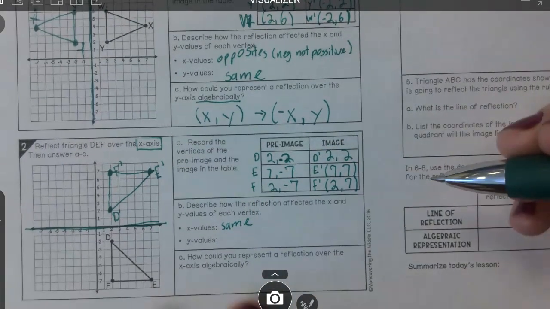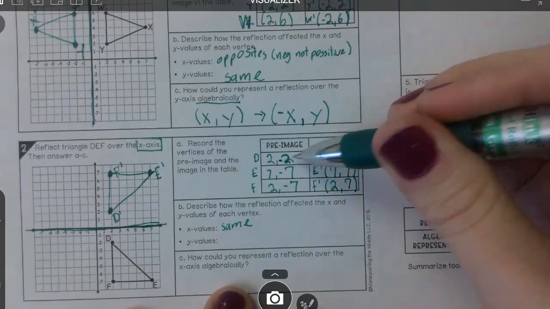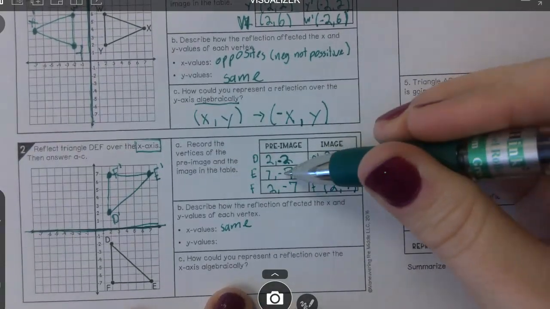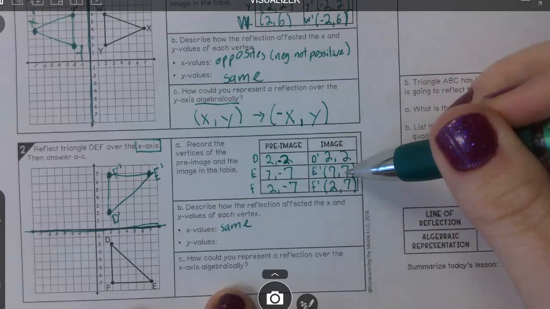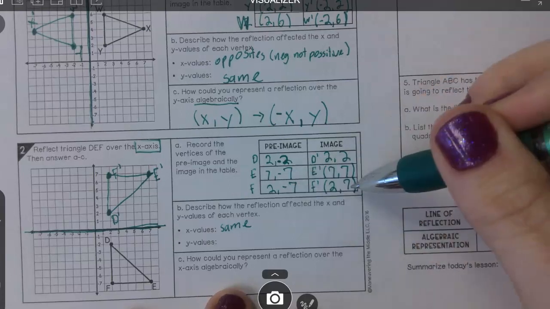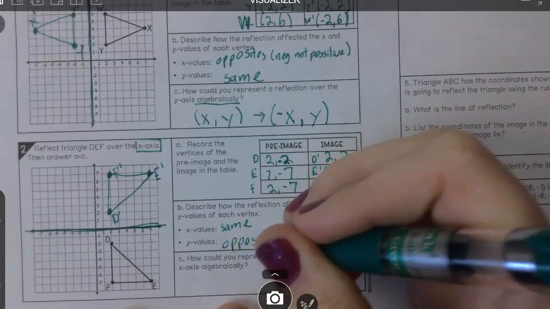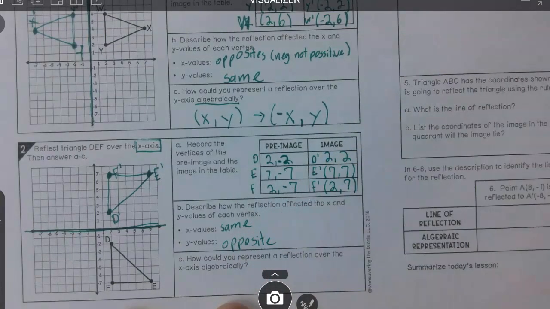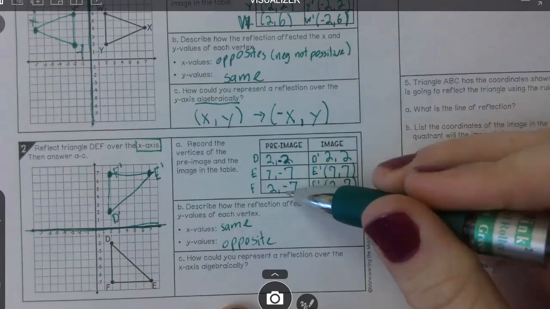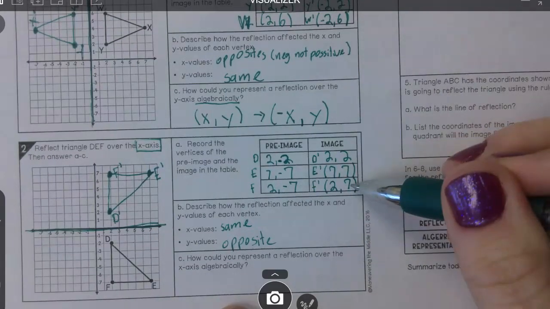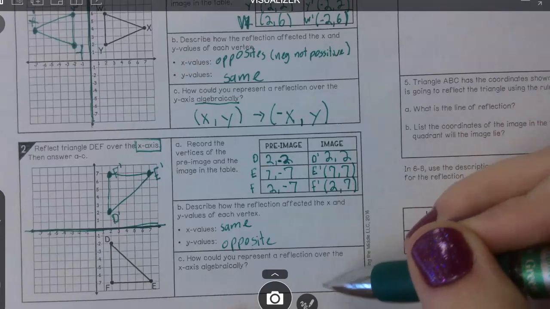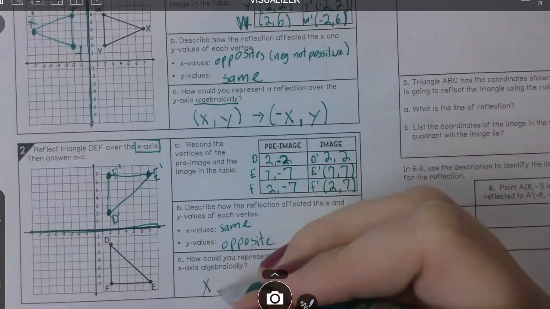The y values went from negative 2 to positive 2, from negative 7 to positive 7, from negative 7 to positive 7. So again, we did the opposite. Even though this might look a little funny, we went from a negative to a positive. When we represent it algebraically, we're going to do it like this.